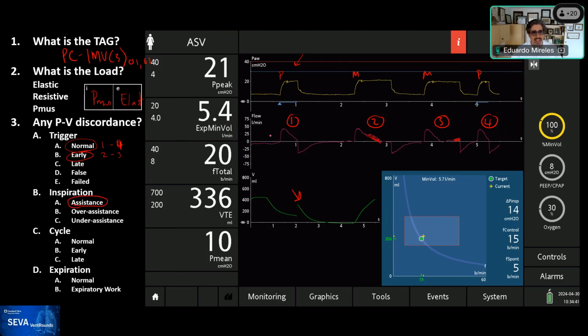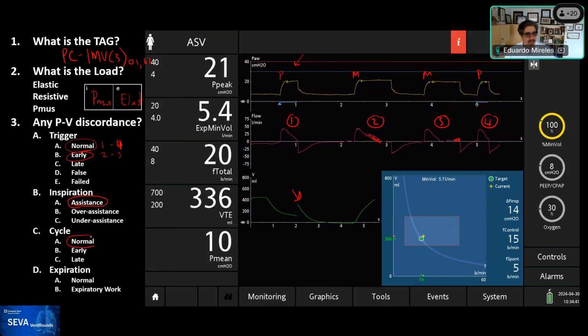In terms of cycling, is it early, late, or normal? Again, this is automatic cycling, so the machine is cycling on its own threshold. That's why you see this little line. So you see this area here. All right, so normal.